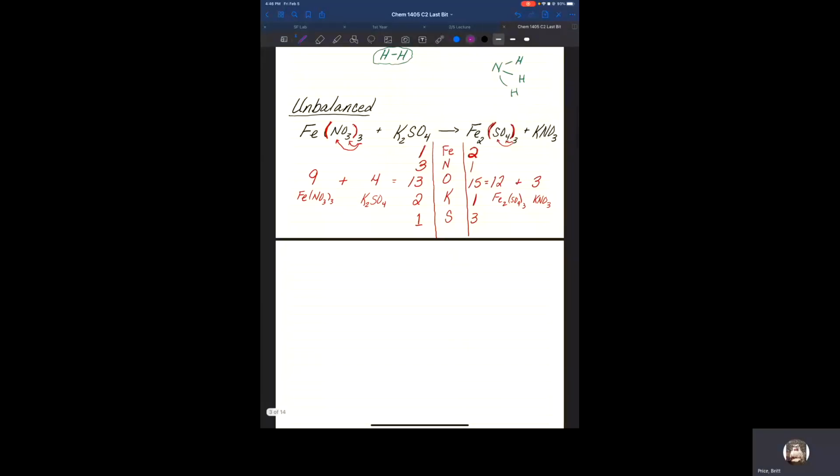Now, if I want you to prove to yourself that this is the balanced equation. And that's going to be 2 Fe NO3 plus 3 K2 SO4 going to make Fe2.